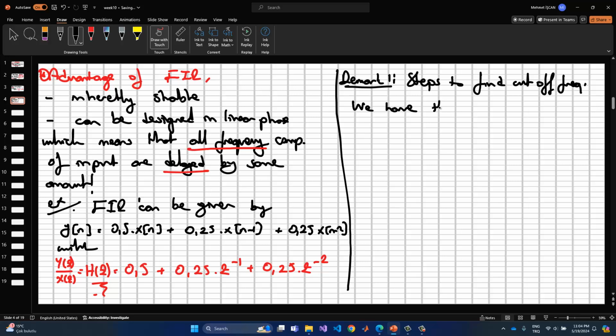Let z = e^(jw), where w = 2 pi f divided by fs, and fs is the sampling rate.